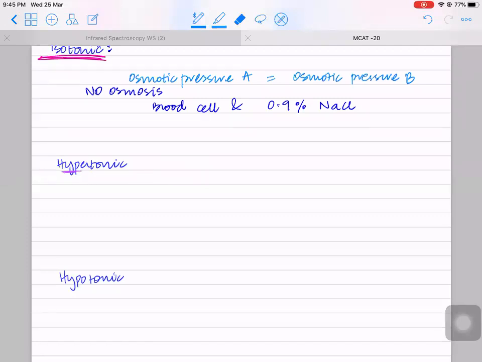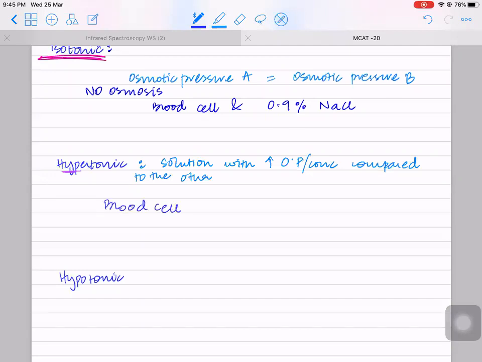A hypertonic solution will be when the solution has greater osmotic pressure or concentration compared to the other solution, right? So in this case, sorry, I think I wrote B is greater than A, where A will be greater than B. Right? So the osmotic pressure in the blood cell is going to be greater than 0.9%.